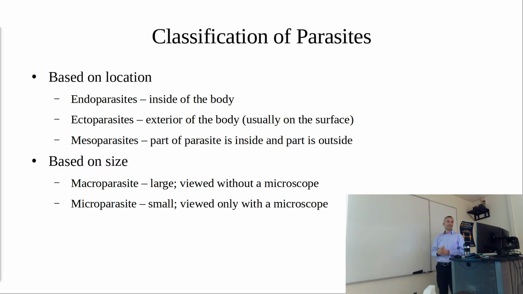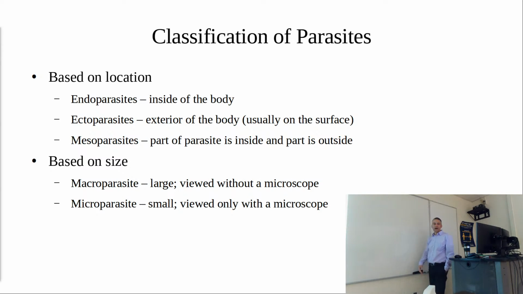That anchor is inside the cells, inside the epithelial layer. We'll talk about an intestinal parasite that actually embeds its anterior end in the gut epithelial tissue, and then its posterior end hangs out into the lumen, because that's where the eggs are being released. So, mesoparasites. Typically, the part that's inside is associated with anchoring and attachment.